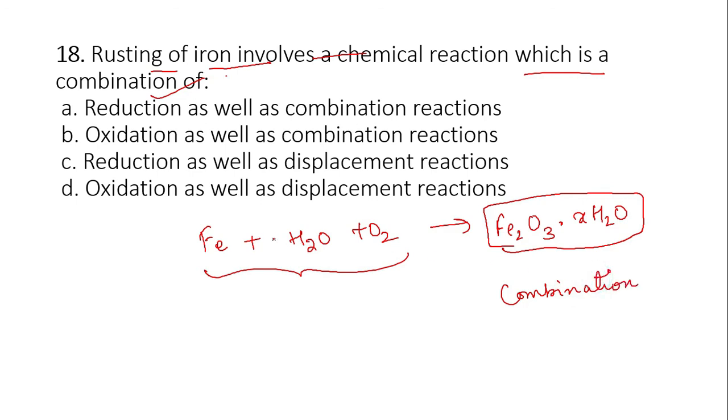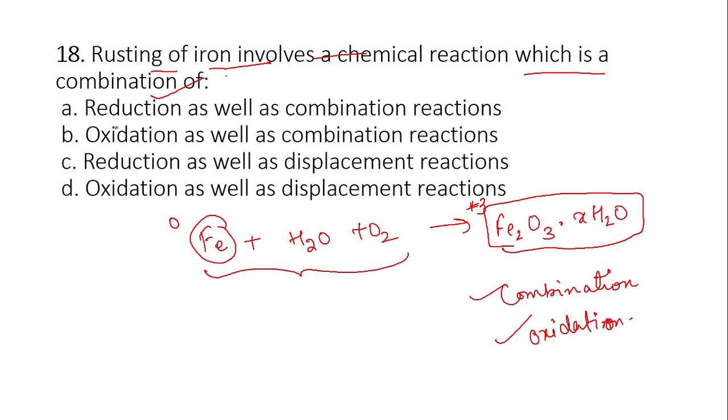Also, the oxidation state of iron is being converted from 0 to plus 3, right? So that means there is an oxidation occurring. Oxidation of iron metal is occurring. So these are the two types in which we can classify.